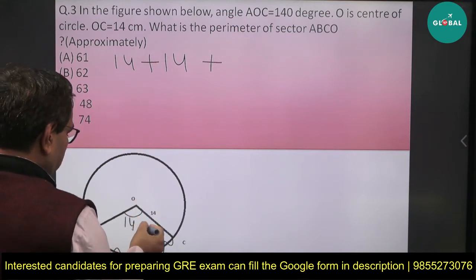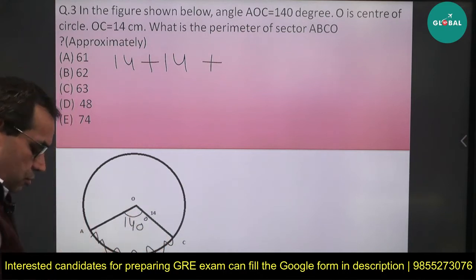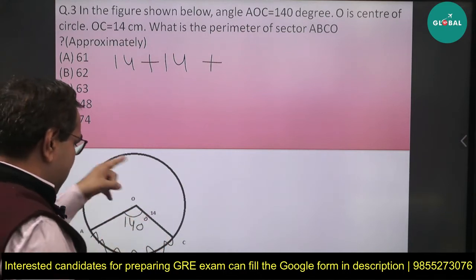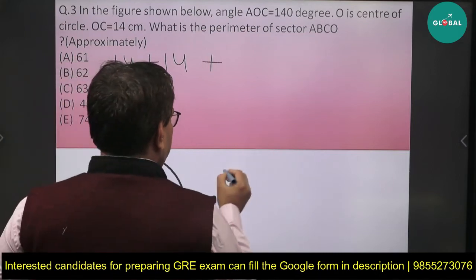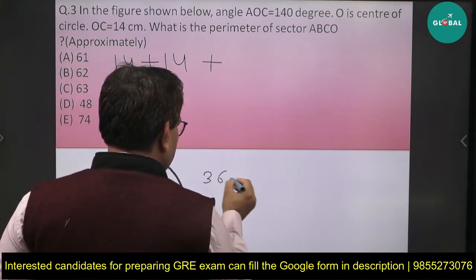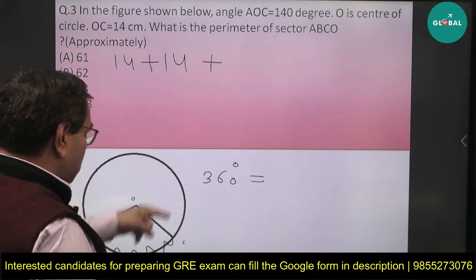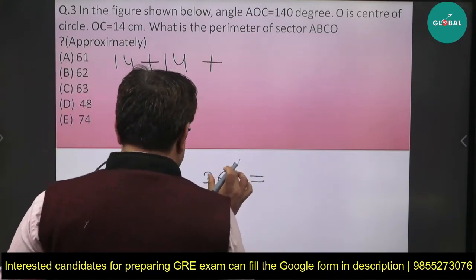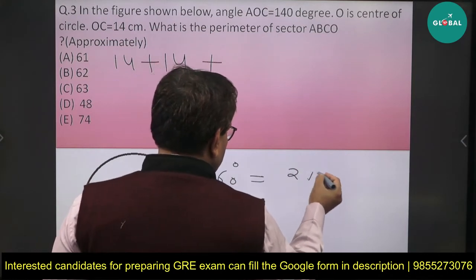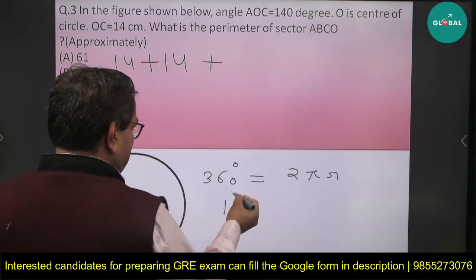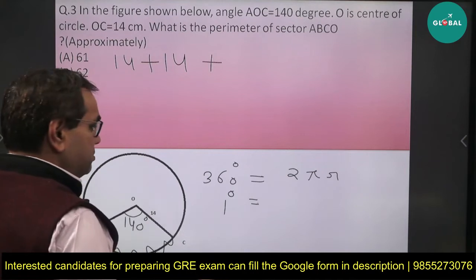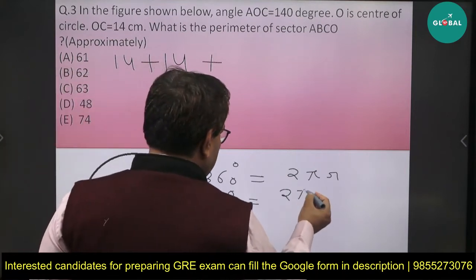We know that if we take the complete angle, 360 degrees, it gives us the whole perimeter. Arc length will be 2 pi r. A 360 degree angle gives 2 pi r. So a 1 degree central angle gives the arc length 2 pi r upon 360.